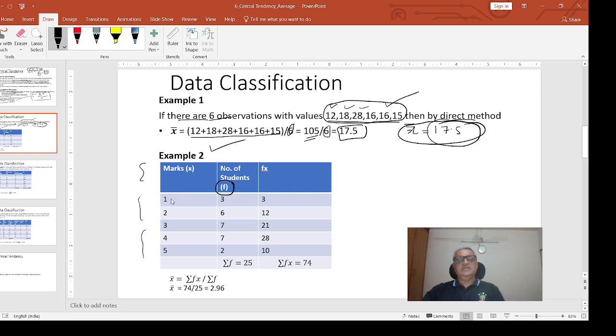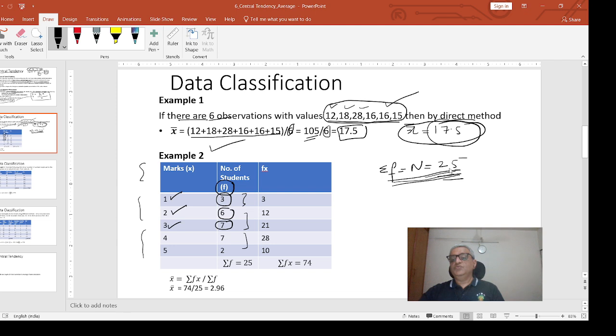The table says 1 mark scored by 3 students, 2 marks scored by 6 students, 3 marks scored by 7 students, and so on. The number of students is sigma f, which is 25. All I have to do is add this column, and that many students' marks are available within the data.